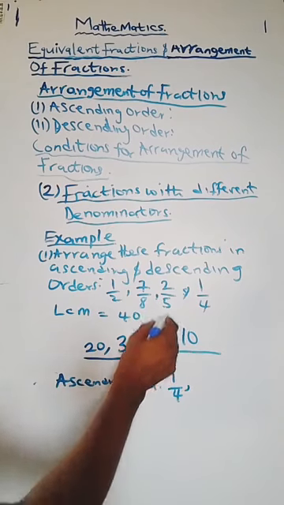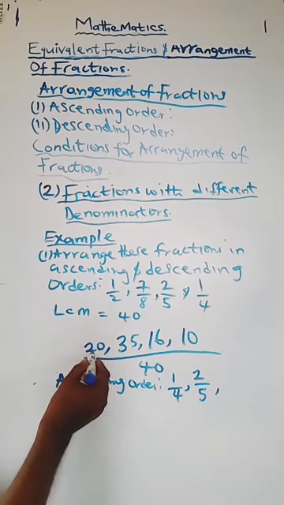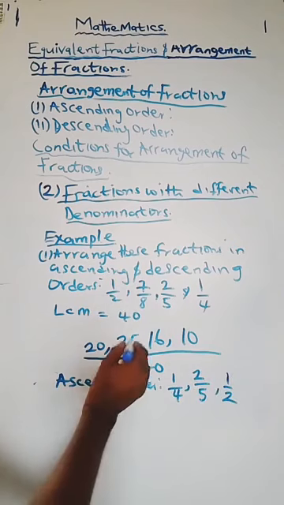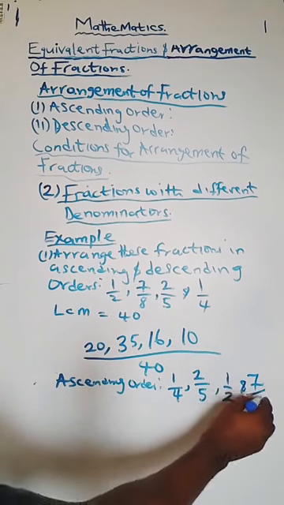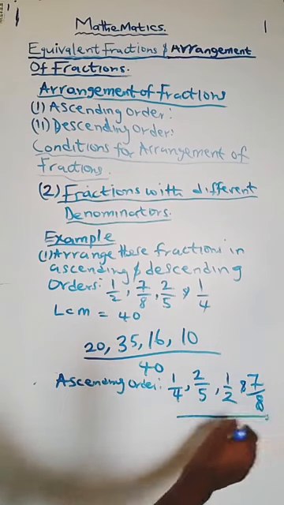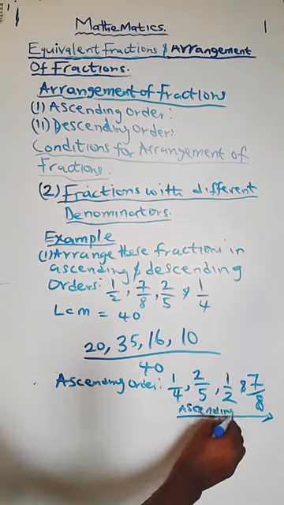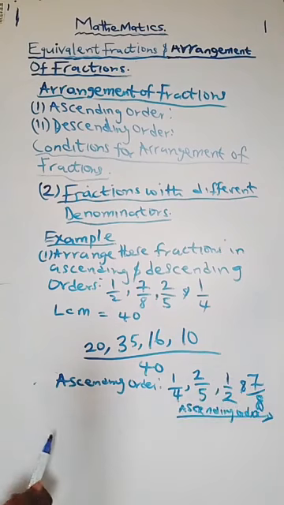Which fraction has 16? That is 2/5. The next one, 20. Which fraction has 20? 1/2. And the largest is 35. Which fraction has 35? That is 7/8. So this is ascending order, that is from the smallest to the largest, right?